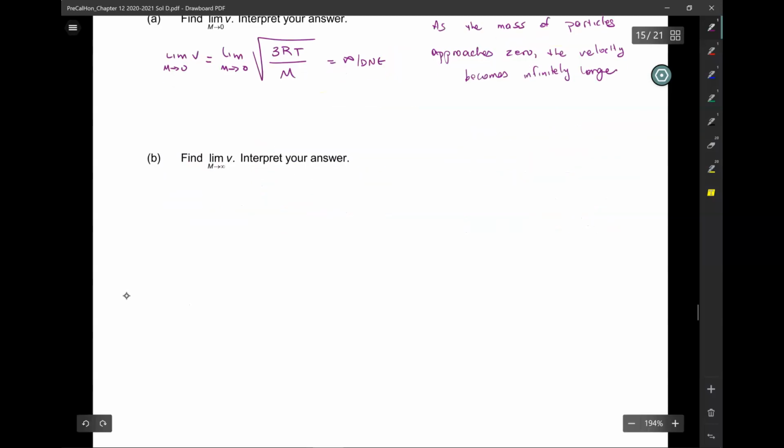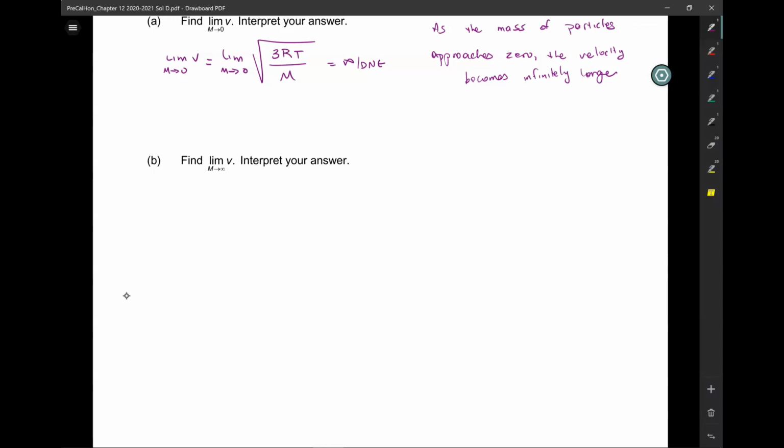Now, find the limit of V as M approaches infinity. So the limit as M approaches infinity of the same thing. I already know. What happens now? It's going to be 0. If you have a pizza and you're sharing it with an infinite number of people, how much does each person get? 0, right?